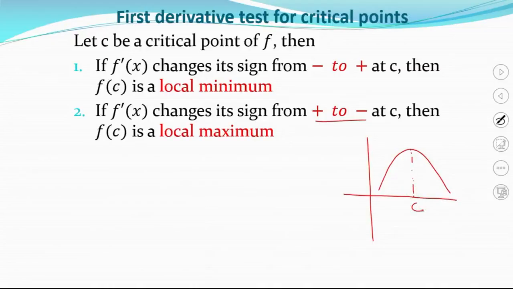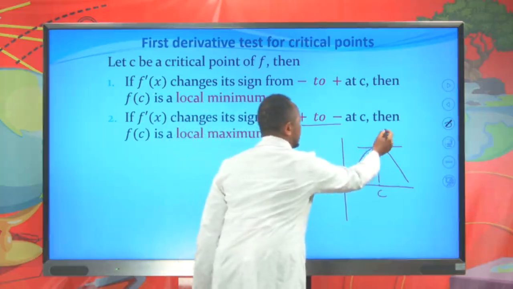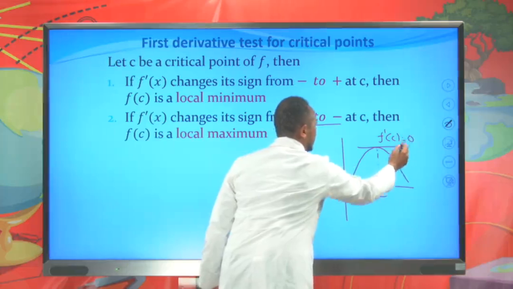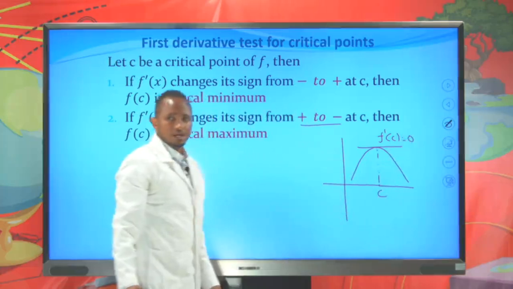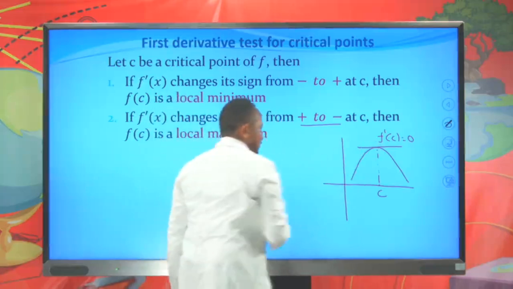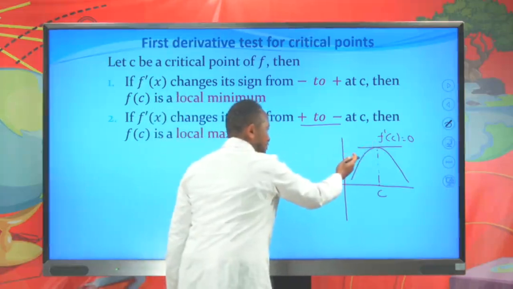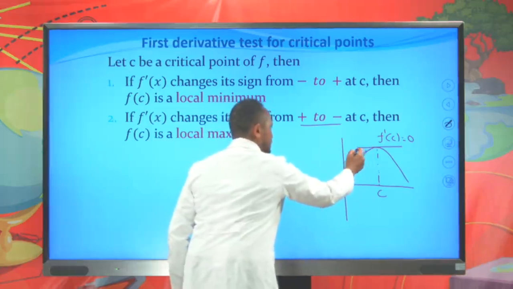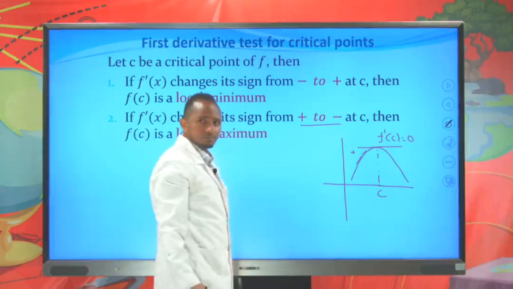At this point, the derivative of the function at c is 0. So this is a critical number. The slope of the tangent line to this graph from the left side is positive.